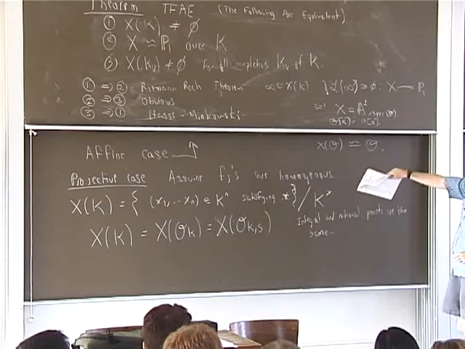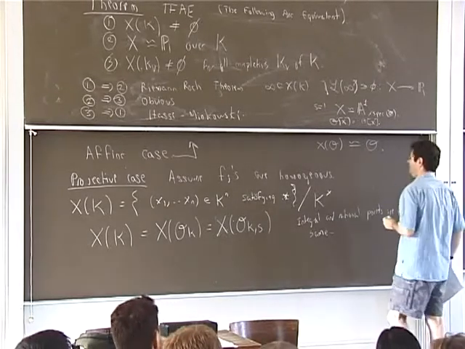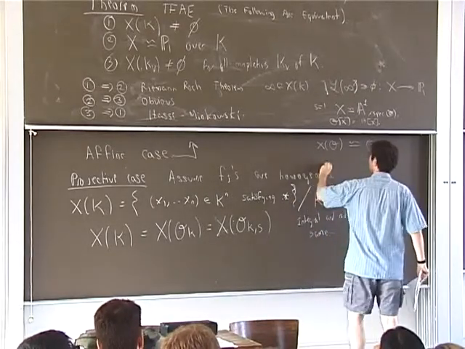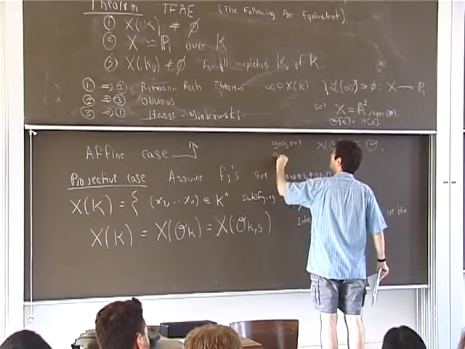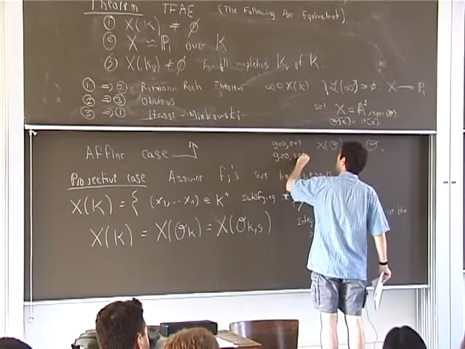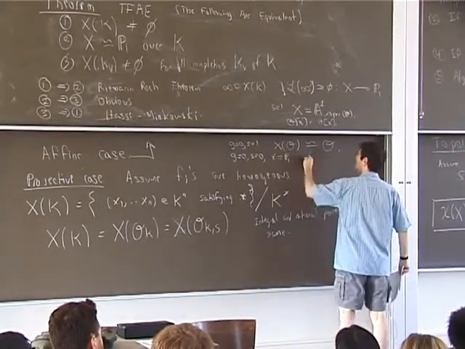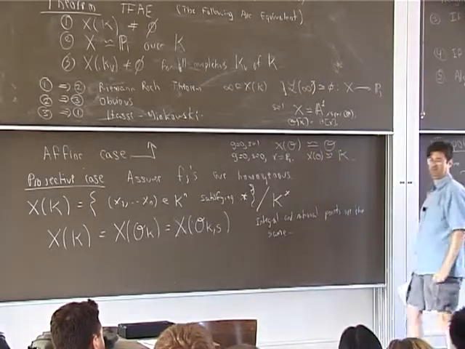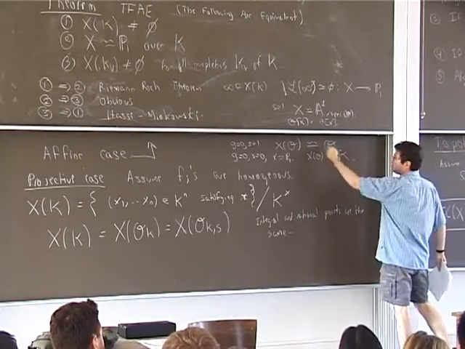Whereas when s equals 0, for the projective line, in the case where X is isomorphic to P1, then X of O is in bijection with K, as sets.